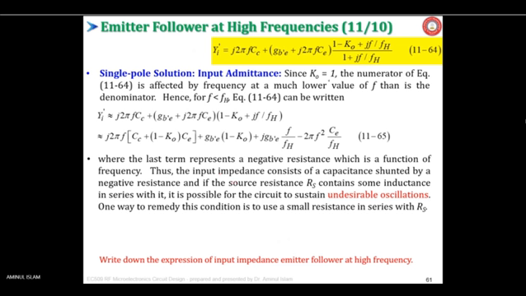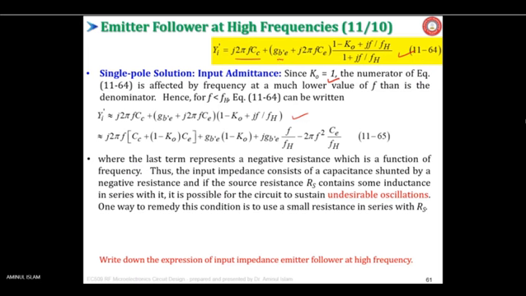Since K0 equals 1, the numerator of this equation is affected by frequency at a much lower value of F than the denominator. Hence, for F less than FH, this equation can be rewritten as this.